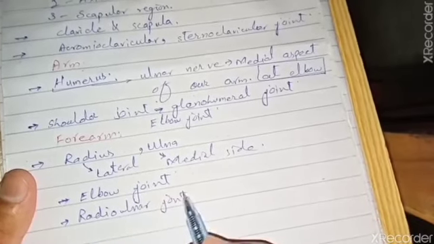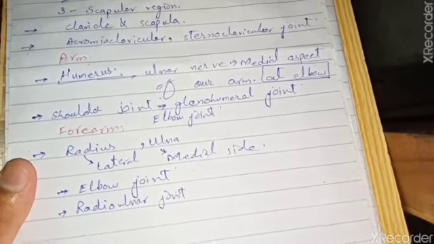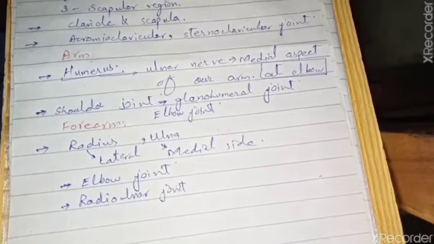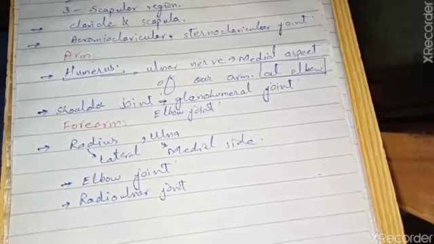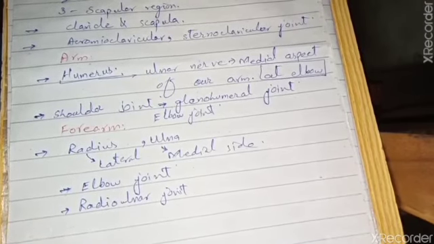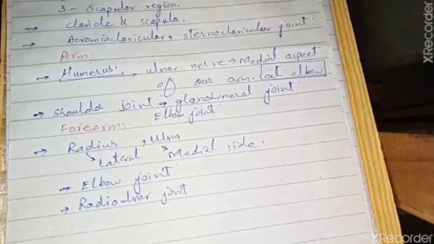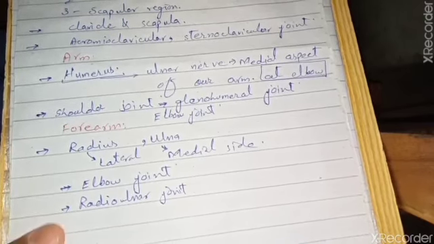These joints help in supination and pronation of our forearm, which will be discussed later. Simply put, the radioulnar joints enable the radius bone to rotate around the ulna. Then we have the wrist joint.